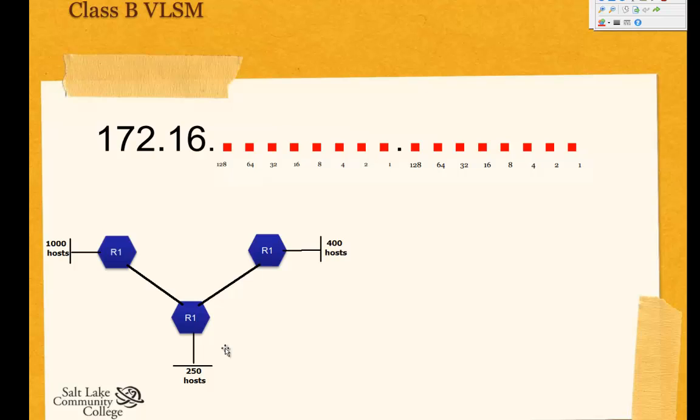One of the things I find helpful to do before I start actually subnetting is to write out the powers of 2. Remember, everything is powers of 2.